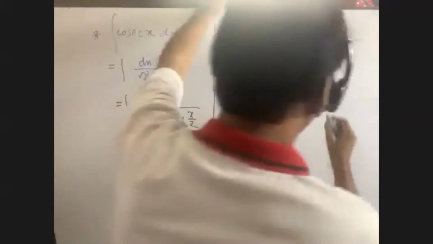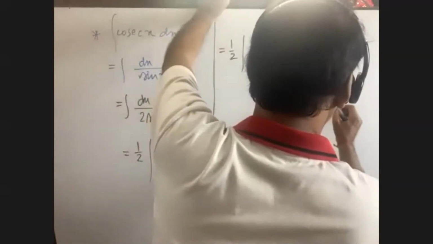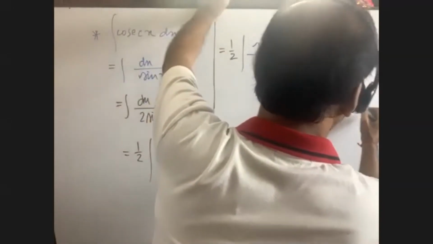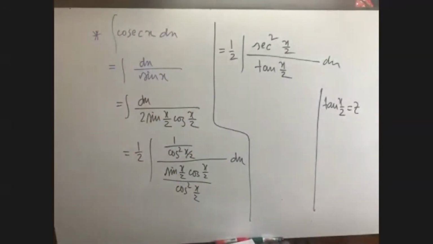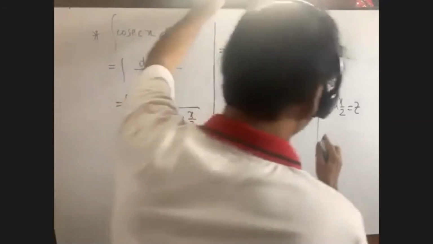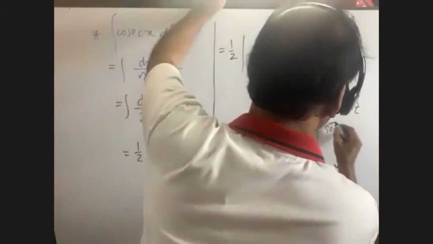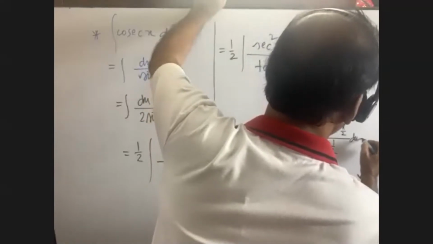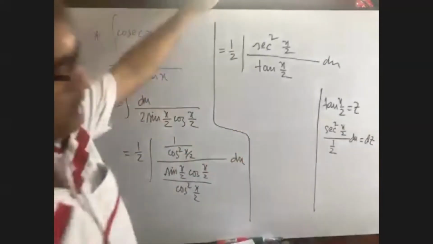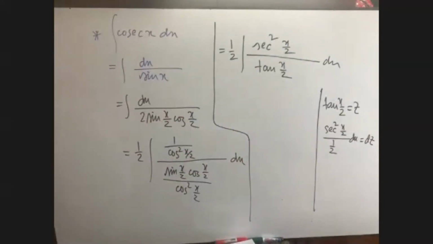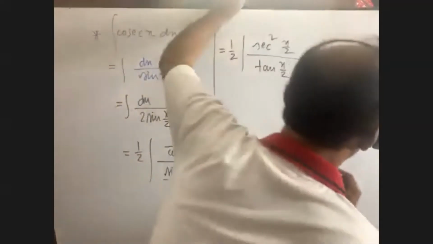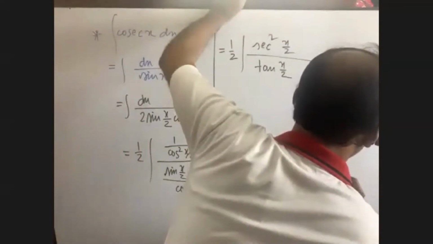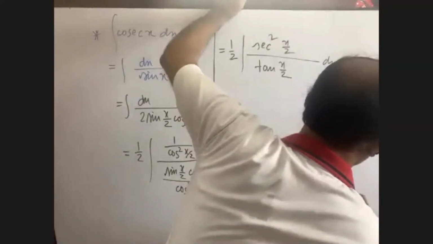Now, if we let tan x by 2 equal to z, then what are we getting here? Sec square x by 2 times half dx equals dz, right? Is it or not? Ji sir. That is, sec square x by 2 dx can be written as half dz.